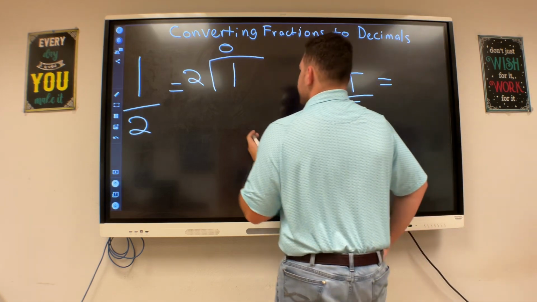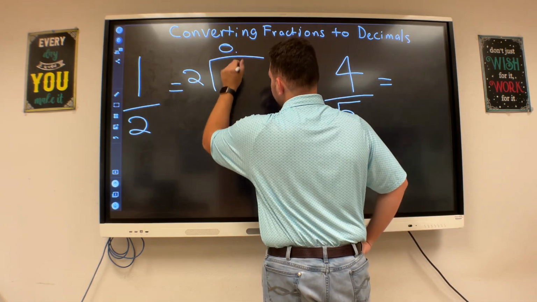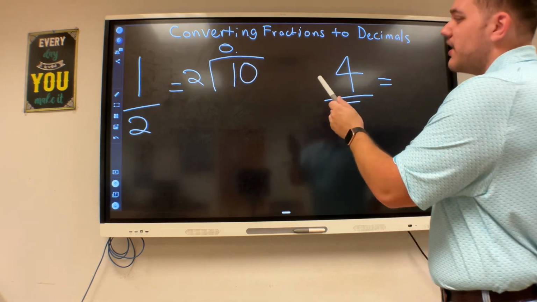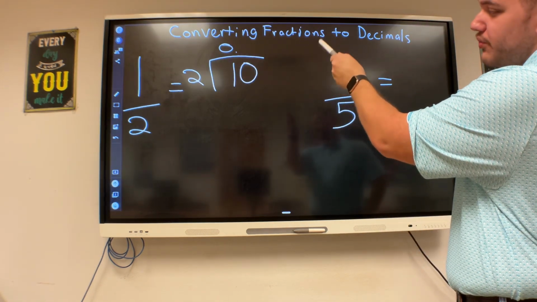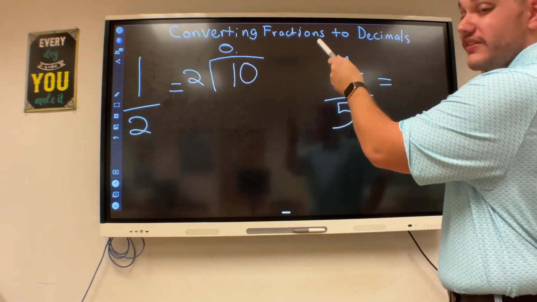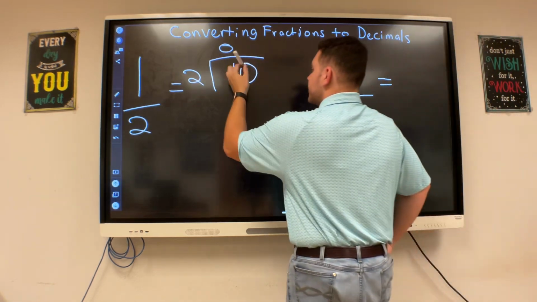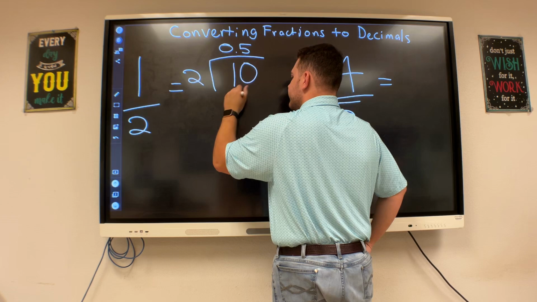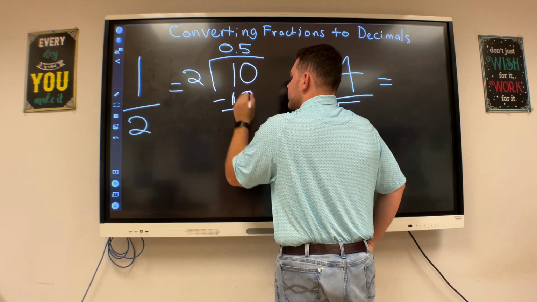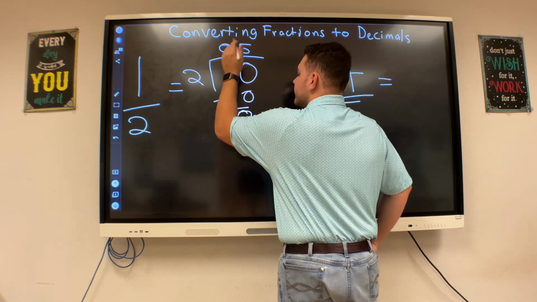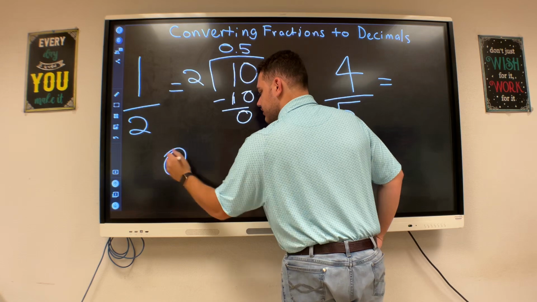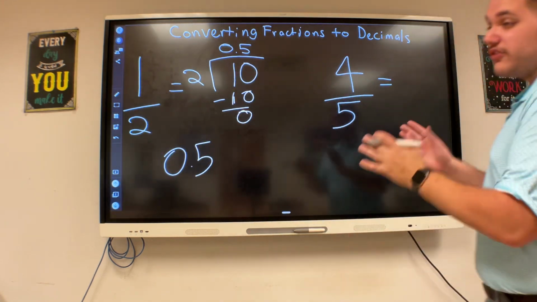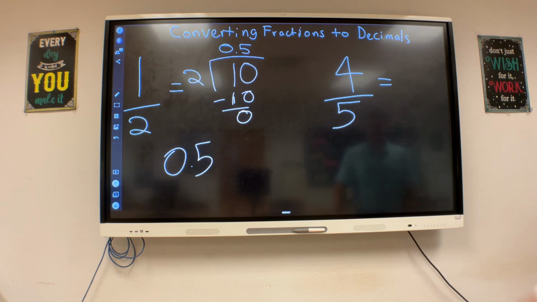So what do we do from here? We're gonna put a decimal down, and we're gonna add a 0 to it. Now, 2 won't go into 1, but how many times will it go into 10? 2 will go into 10 5 times, because we know 2 times 5 is 10, which leaves 0 left over. So 0.5 is the decimal form of 1/2.